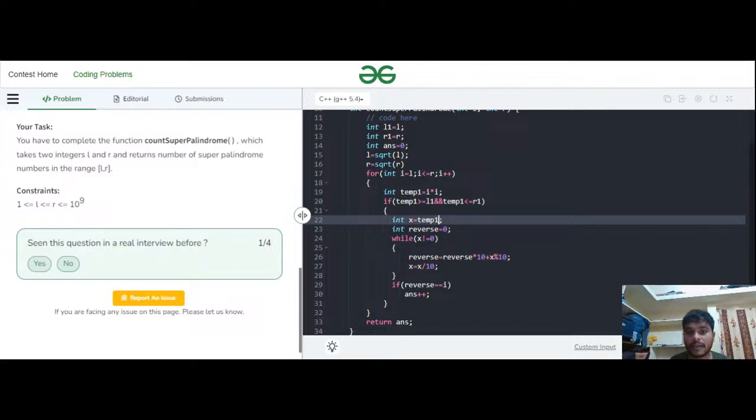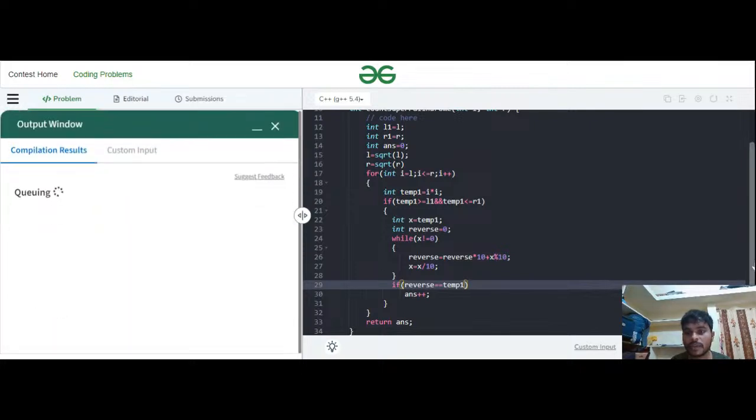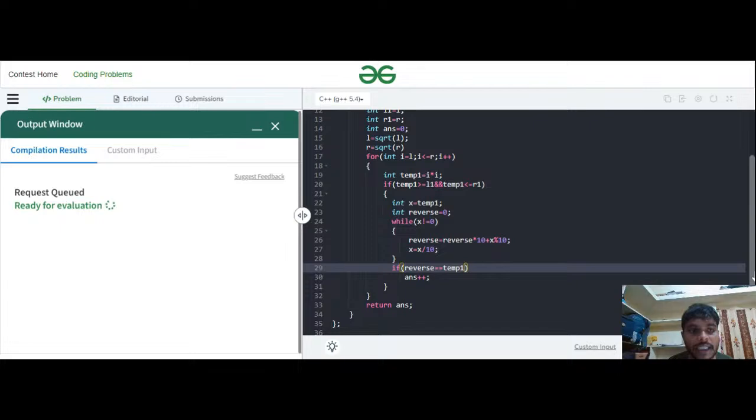Here we are reversing that number, we are storing that into X, and the reversed number should be, X is going to be temp 1, X is going to be 0, X becomes 0, right? Now I am submitting this code. I hope this is correct.